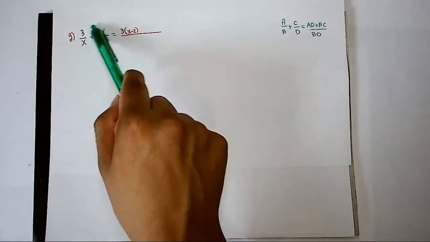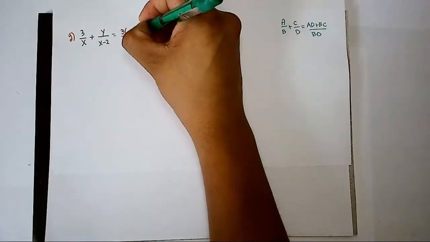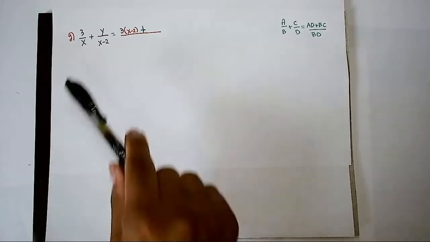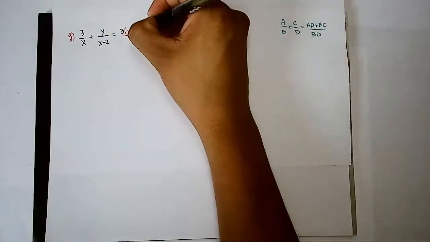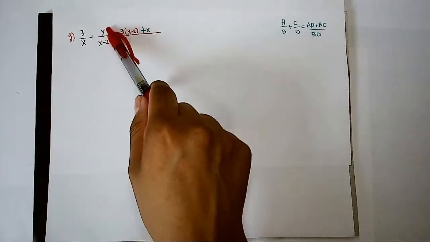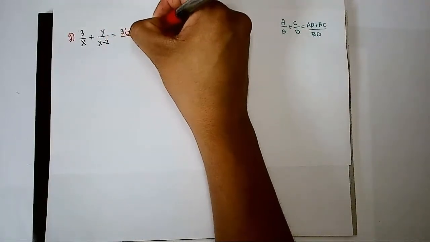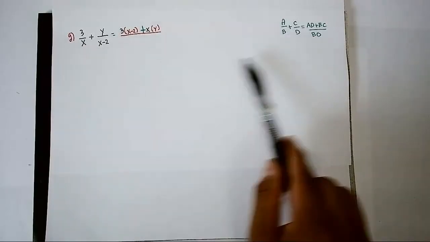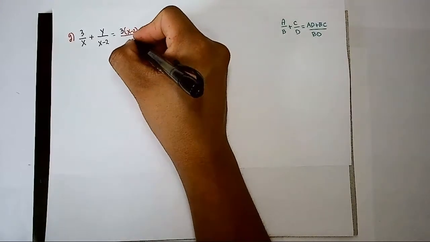Because the sign in the middle is plus, we will have here plus the denominator of the first fraction, x, times the numerator of the second fraction, y, divided by the multiplication of the denominators.